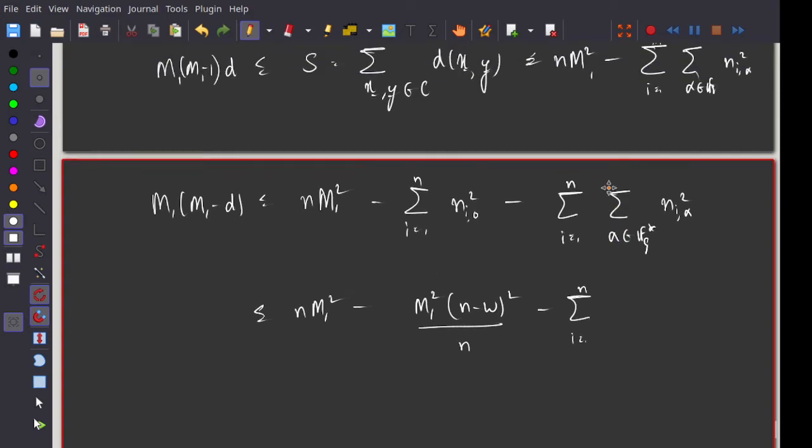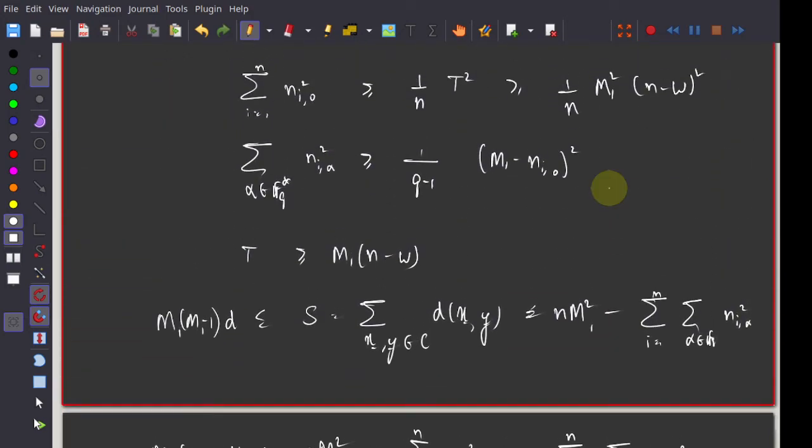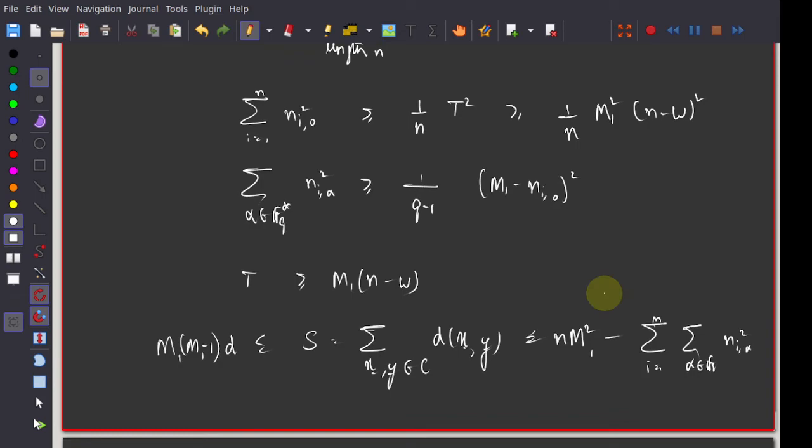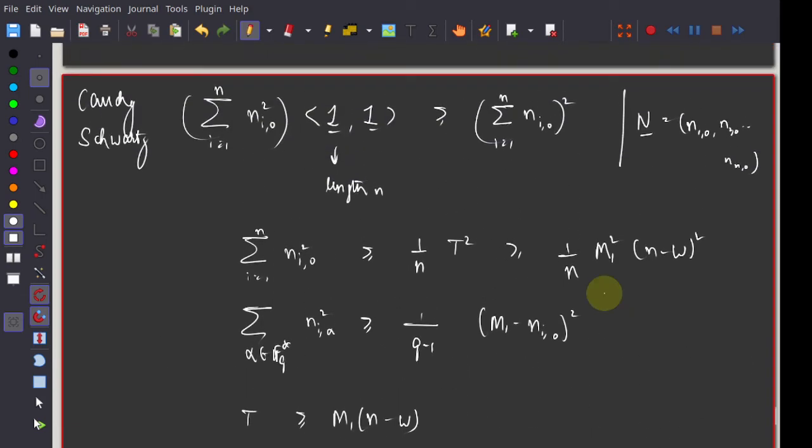Now I use the other bound for the summation overall alpha of ni alpha square. So I use this particular 1 over q minus 1 into m1 minus ni0 the whole square.